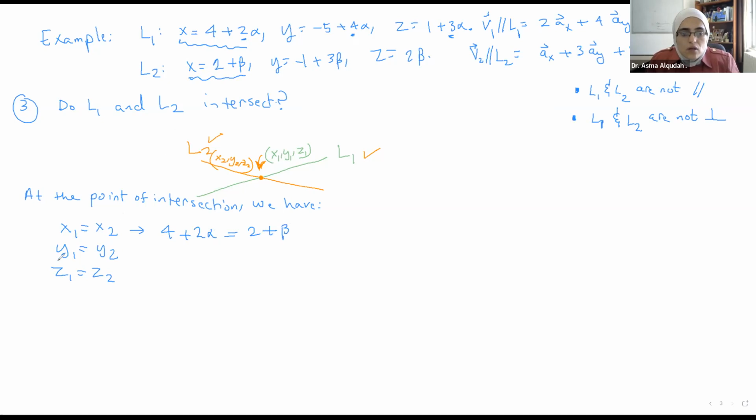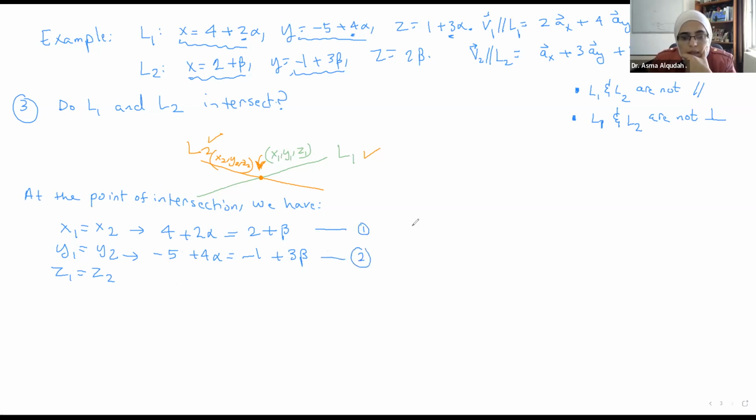And the other equation is y1 equal to y2: minus 5 plus 4 alpha should be equal to minus 1 plus 3 beta. So we have two variables, alpha and beta, and two equations. So let's call this equation 1 and this equation 2.